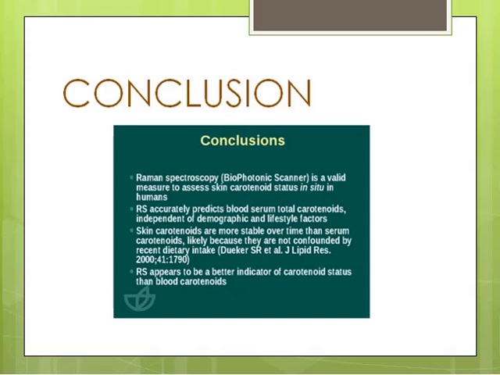Skin carotenoids are more stable over time than serum carotenoids, likely because they are not confounded by recent dietary intake. RS appears to be a better indicator of carotenoid status than blood carotenoids.